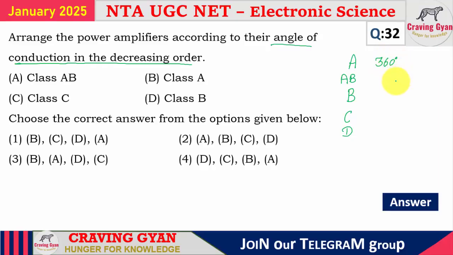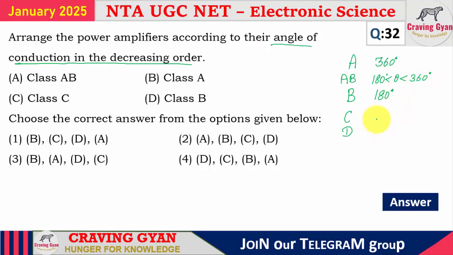Complete conduction, 360 degree. In the case of class B, it is 180 degree. In the case of AB, it will be between 180 degree to 360 degree.